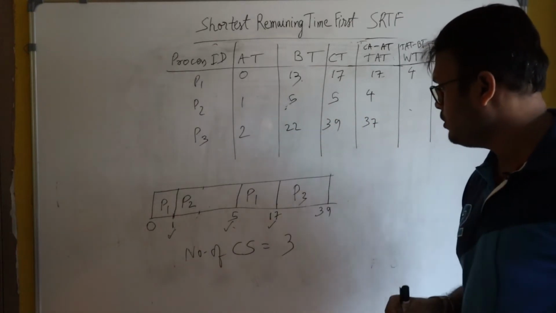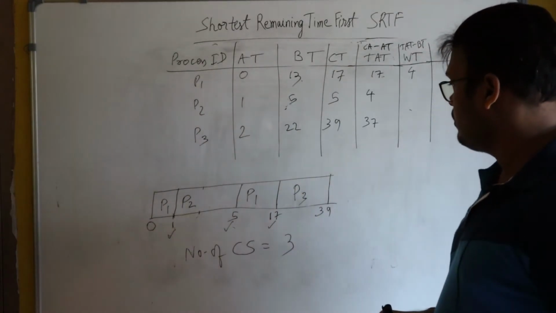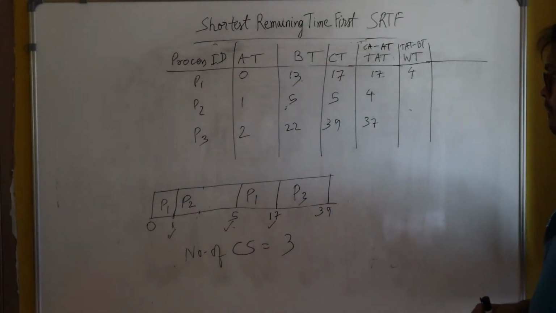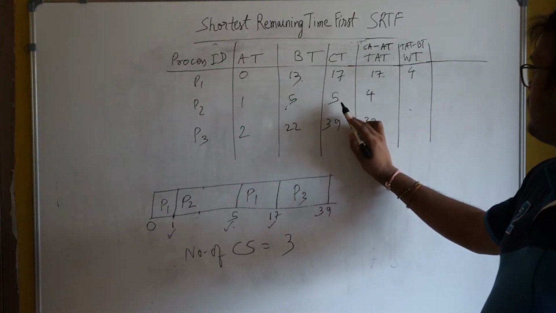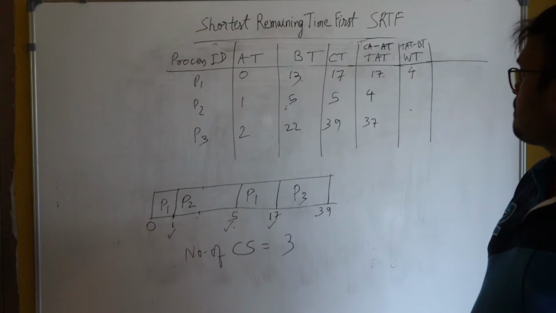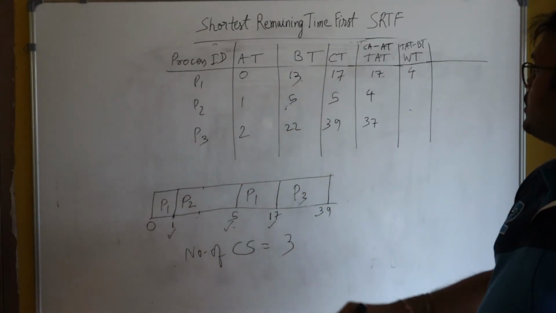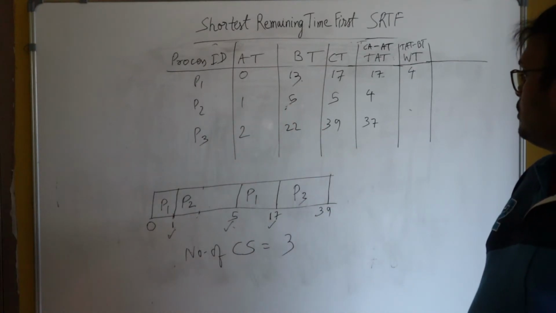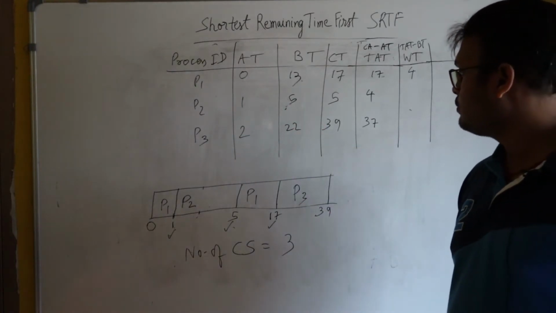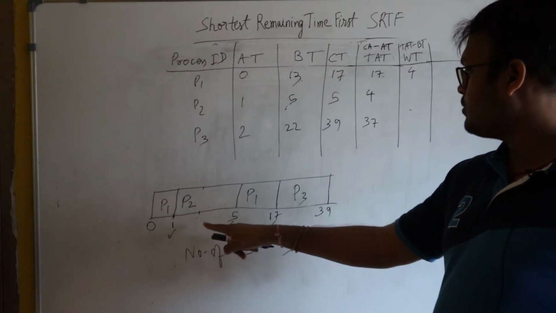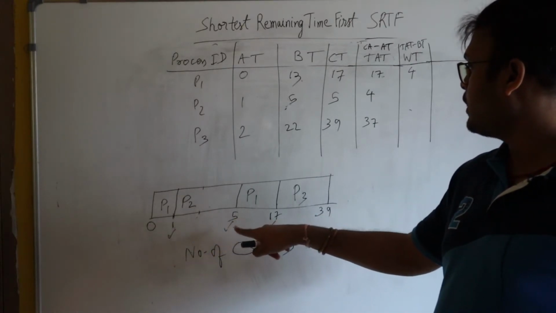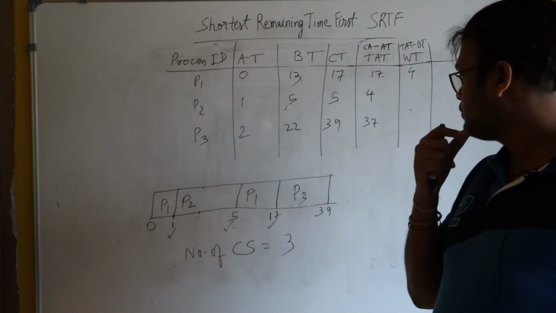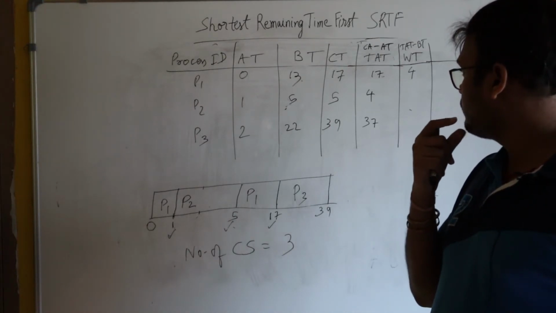So how is it possible? Okay, here I've made a mistake. You see, the burst time is 5 seconds. So P2 will run for 5 seconds, from 1 second it will start and run till... So here I've made a mistake.